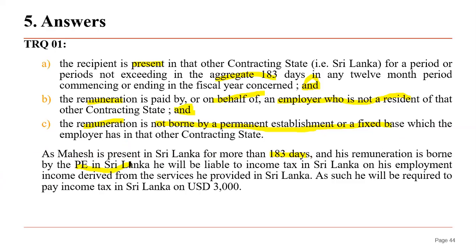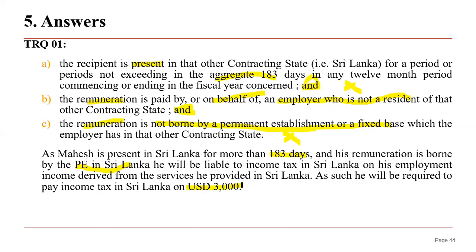His remuneration is also borne by the PE. Then he will be liable to tax in Sri Lanka because these two conditions are not satisfied. He is liable in Sri Lanka on his employment income for the purpose of foreign service. As such, he will be required to pay income tax in Sri Lanka on 3,000.